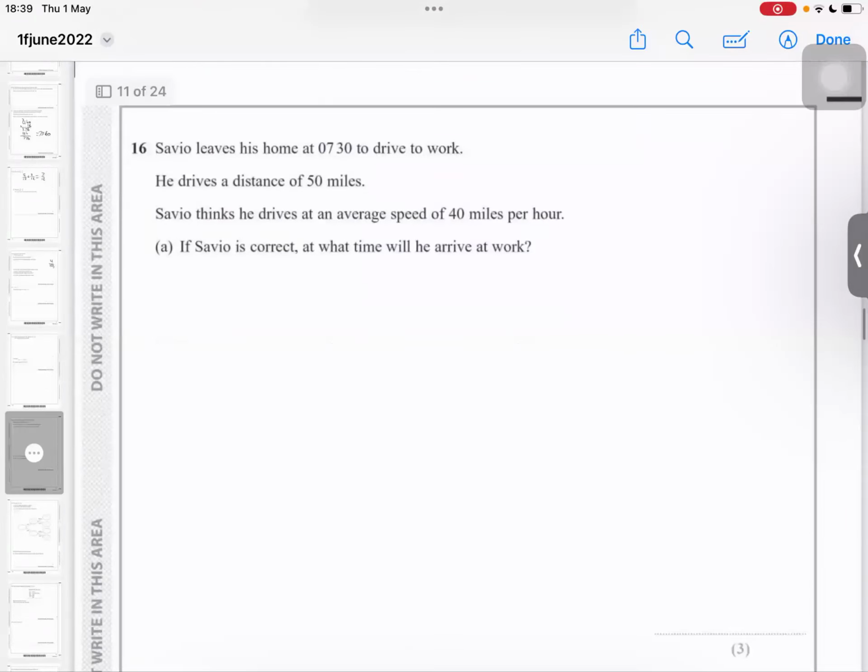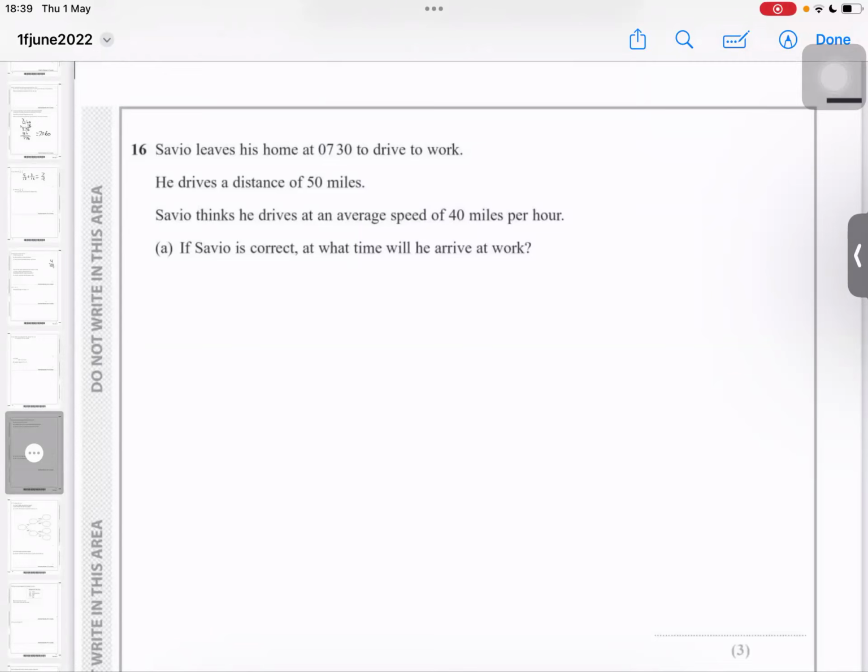Okay, what does the next question say? Savio leaves his home at 7:30 to drive to work. He drives a distance of 50 miles. He thinks he drives at an average speed of 40 miles per hour.